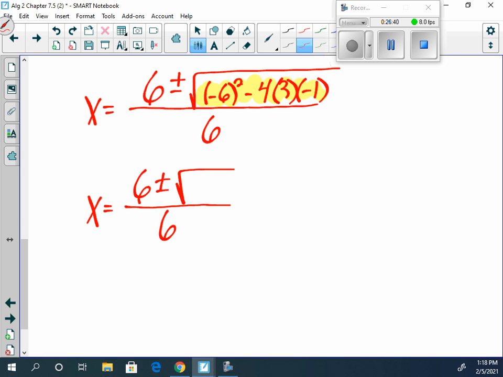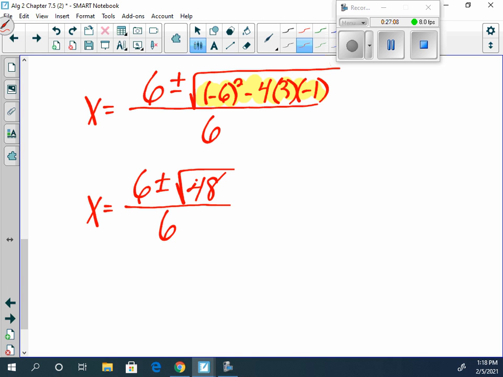And plug it in and see what we get. And if we plug all this into the calculator, well, 6 squared is 36. 4 times 3 is 12 times negative 1 would be plus 12, which will give us 48. So if we type all that into the calculator, we'll get the square root of 48.